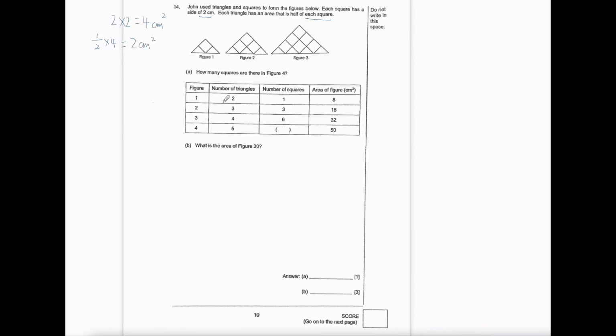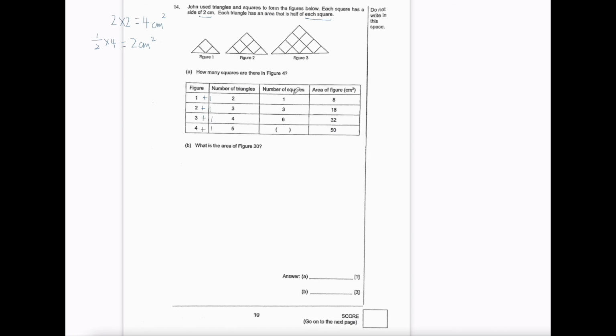Okay, so now let's move on. How many squares are there in figure 4? Figure 1 has 2 squares, figure 2 has 3 squares, third figure has 4 squares, fourth figure has 5 squares. So the number of triangles is always 1 more than the figure number. So it's always plus 1, plus 1. Alright?